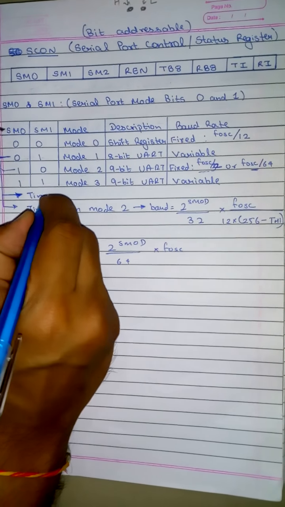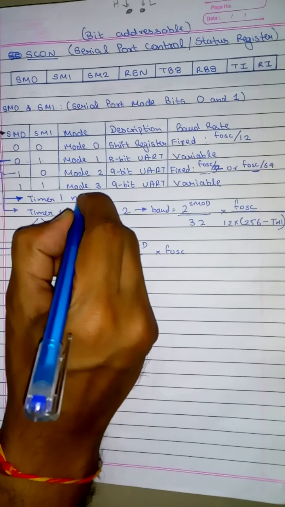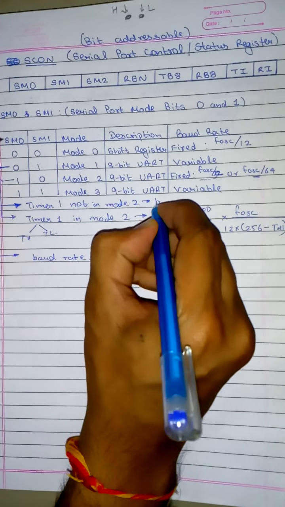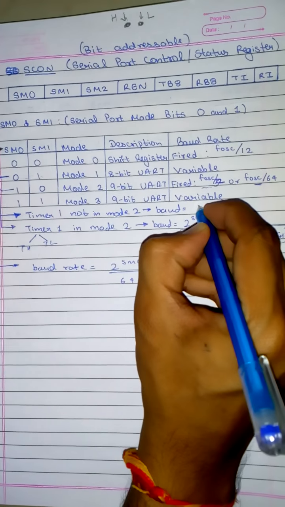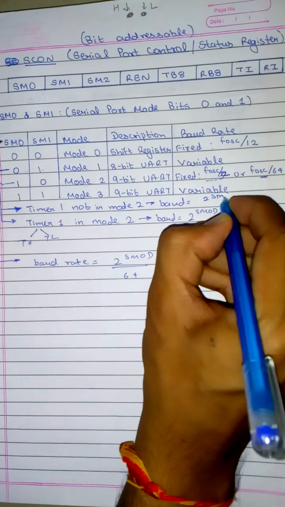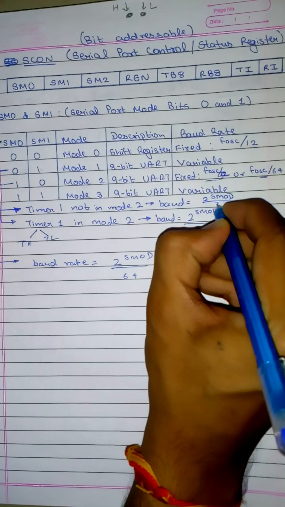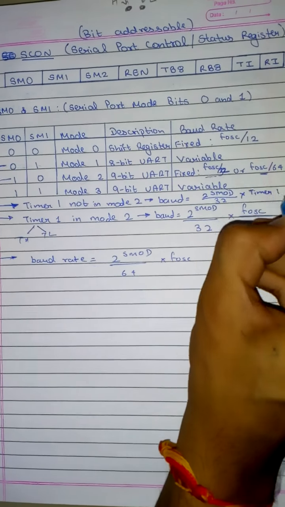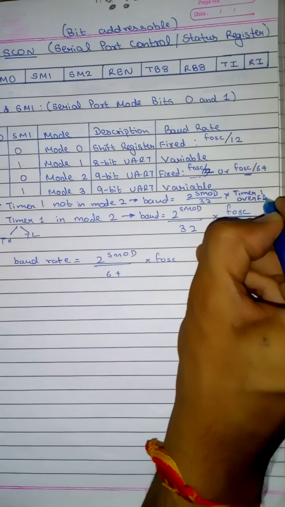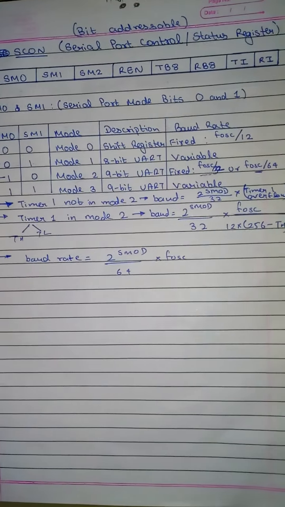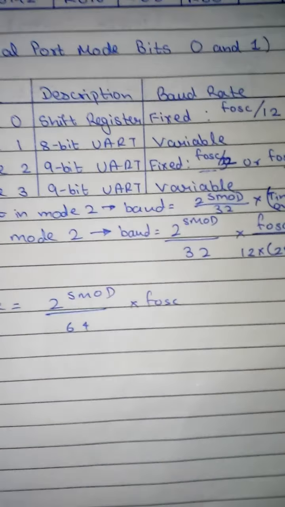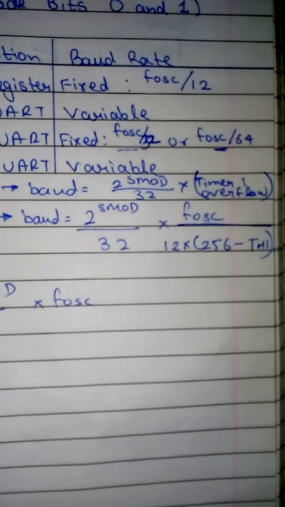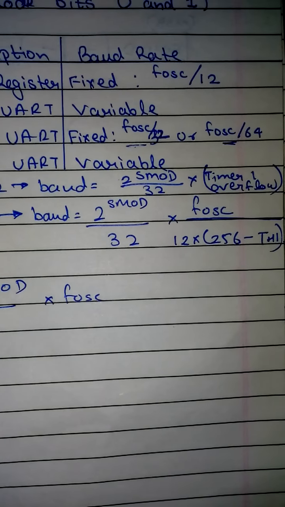Timer 1 not in mode 2, then baud rate is equal to 2 raised to SMOD upon 32 into timer 1 overflow.